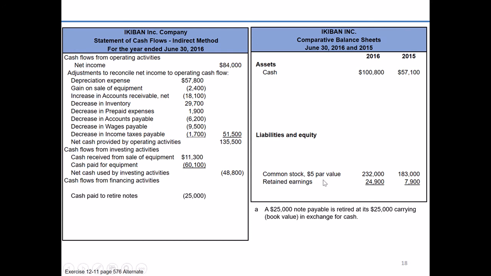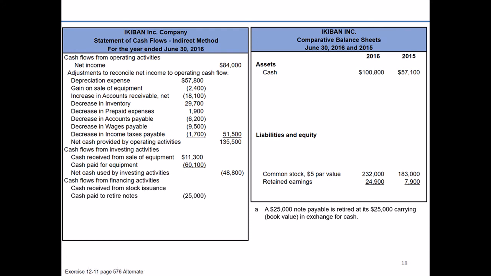Our next one is going to be common stock. Now, not seeing any additional notes of buybacks of common stock or any additional information related to common stock, we'll assume the only thing we have related to common stock is that the company sold additional stock for cash. Again, not seeing any additional information telling us to the contrary.